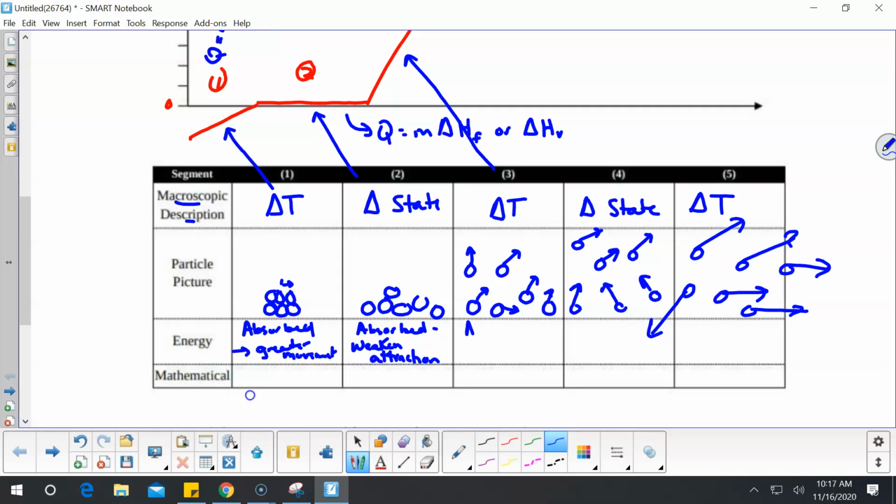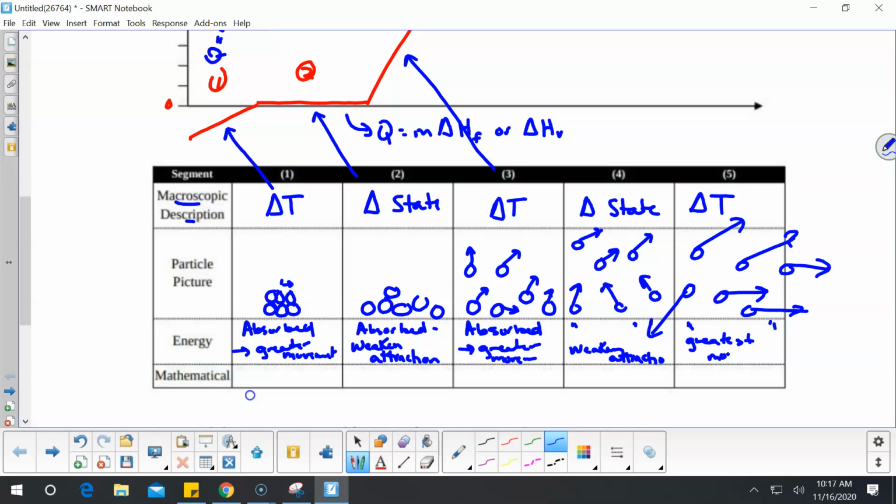This one absorbed again, so energy is giving greater movement. Same thing, it's absorbed here, but this one is still weakening attractions. And it's still being absorbed here, except this one is giving the greatest movement.